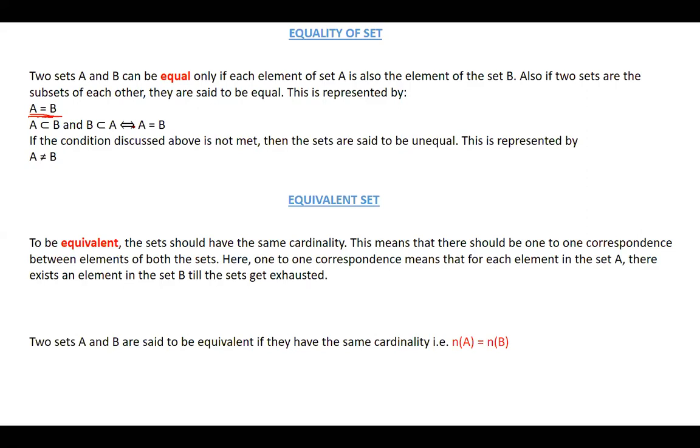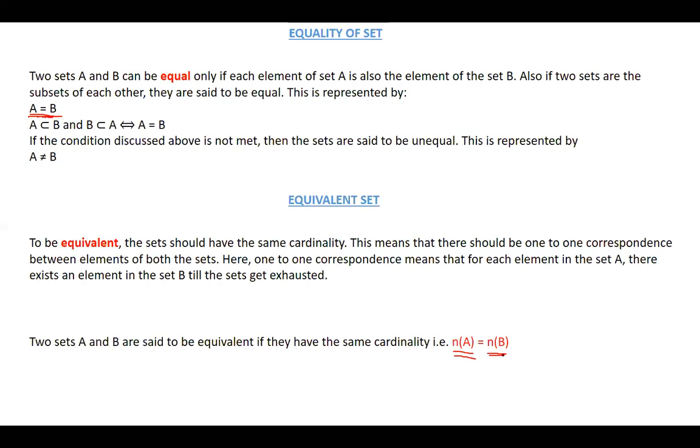But if the number of elements in set A and the number of elements in set B are the same, despite the types of elements being different, the sets are said to be equivalent. When we talk about equivalent sets, we are talking about the cardinality, meaning the number of elements in two or more given sets. If the cardinality of two given sets is the same, then those two sets are equivalent.